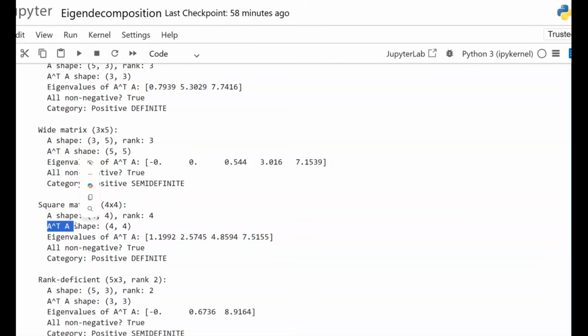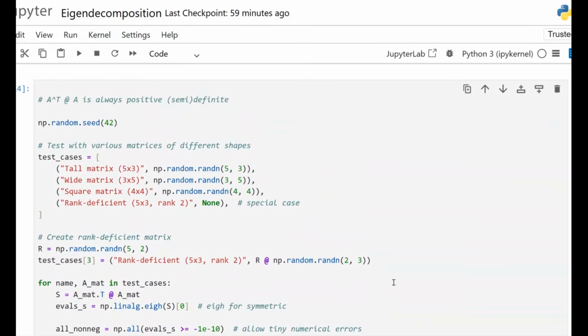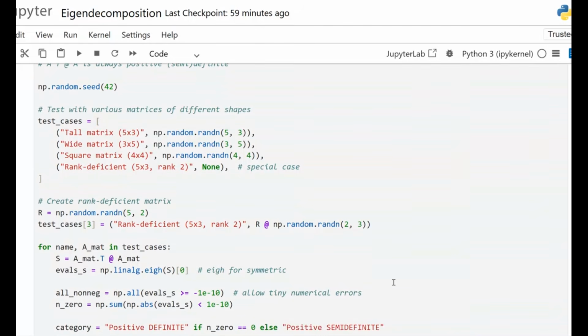And one thing, dear friends, not all symmetric matrices are positive semi-definite. So from this, the code empirically confirms that A transpose A is always symmetric, positive semi-definite, and positive definite if rank A equals the number of columns.